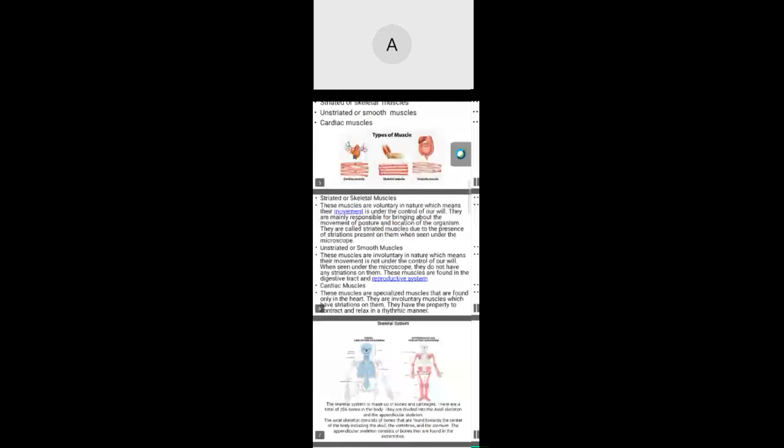Cardiac muscles. These muscles are specialized muscles that are found only in the heart. They are involuntary muscles which have striations on them. They have the property to contract and relax in a rhythmic manner.